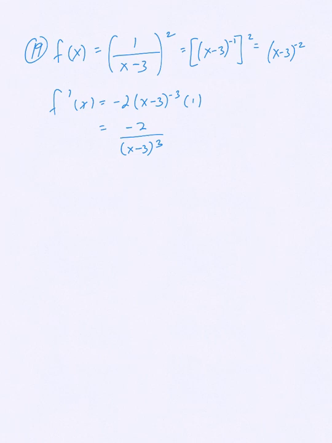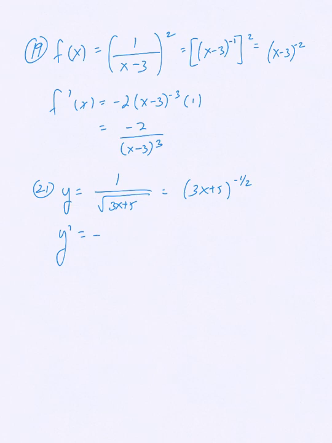Okay, 21. 21 has a radical in the denominator. I'm going to write this as 3x plus 5 to the negative 1/2. We can have 1 over 3x plus 5 to the positive 1/2 and use the quotient rule. That's up to you. We should get the same answer.